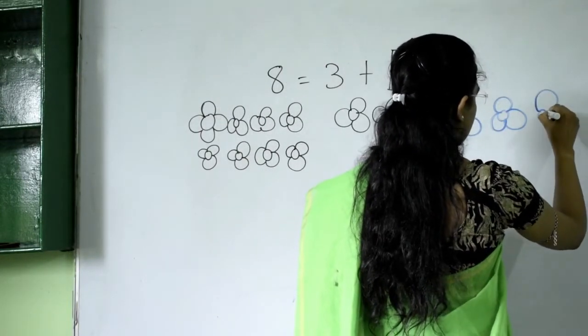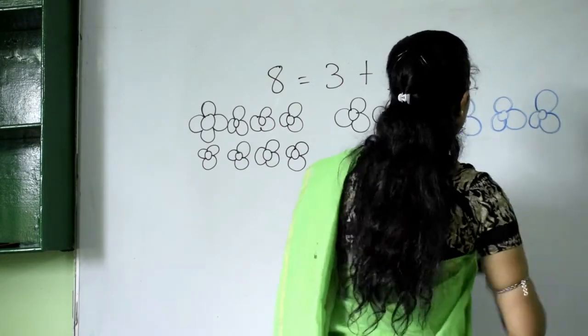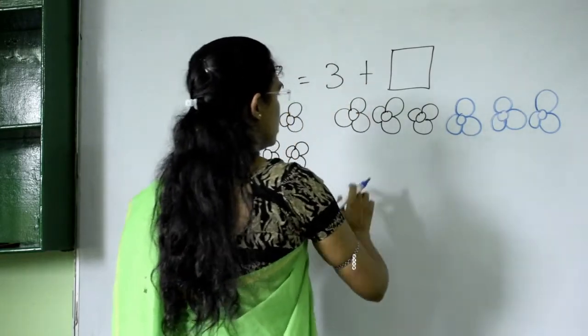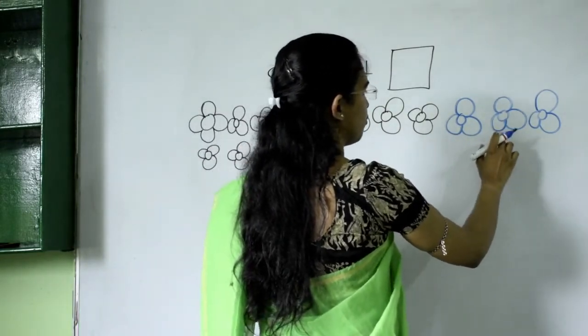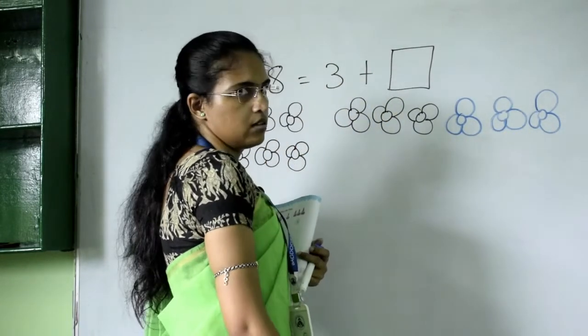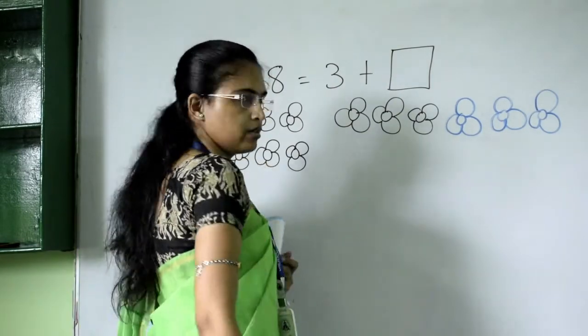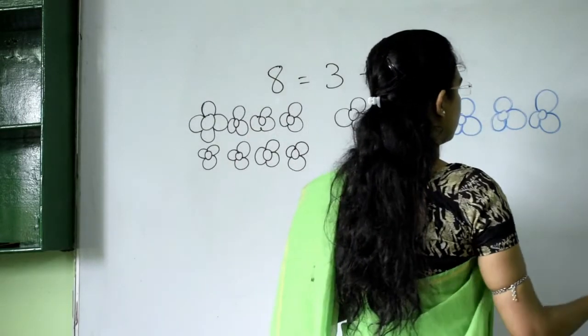So again we are adding one more flower. So now how many flowers do we have? 1, 2, 3, 4, 5, 6. Even then we don't get 8, right? So we have to add one more flower.